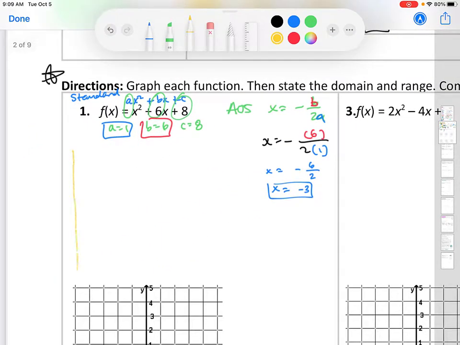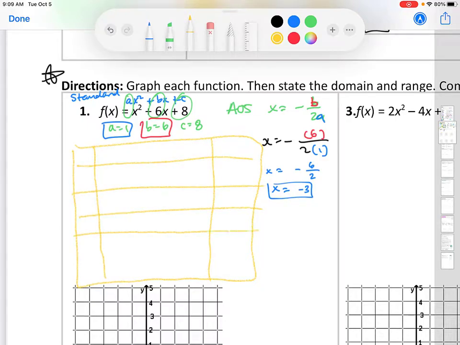Then if you make your table of values, just like we did above, this is x, this is my function, and then this is the ordered pair.